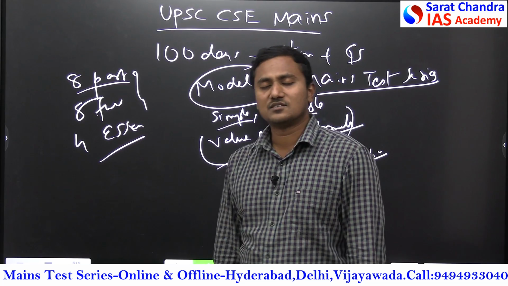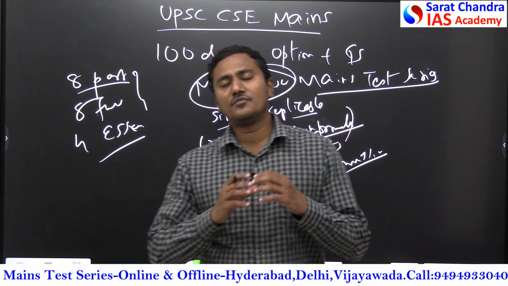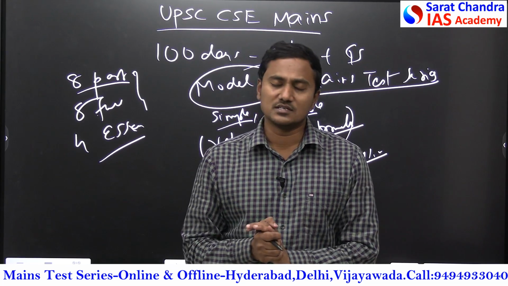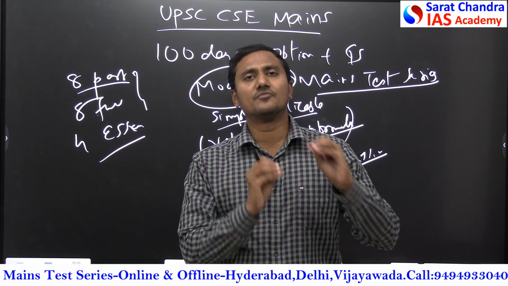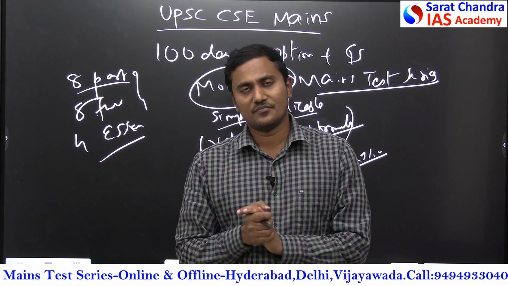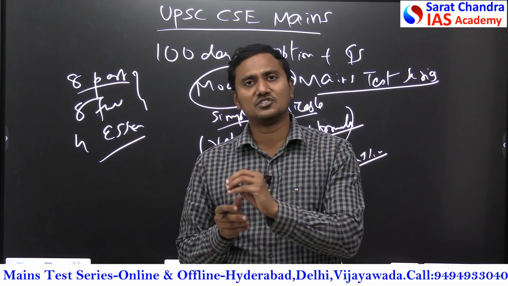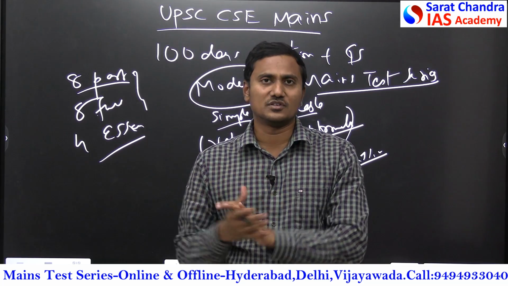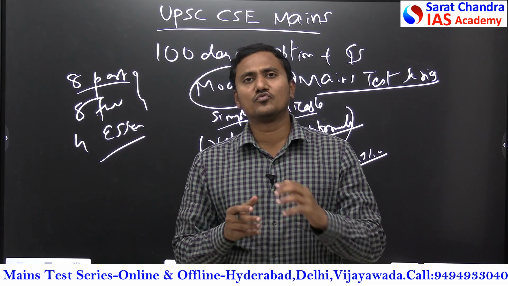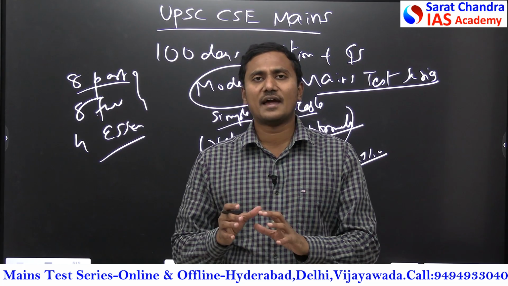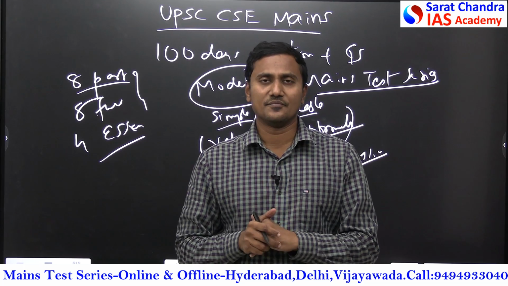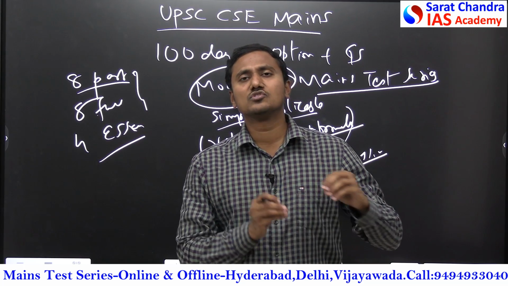So we call this as value added information. For every question, along with the model answer, we will be giving you some keywords, value added information. And for every subject, polity, economy, geography, environment, SNT, we will be giving some value added information. It will be not more than 4 to 5 pages per subject, but those facts or statistics or data or reports, you can directly use in your answers.